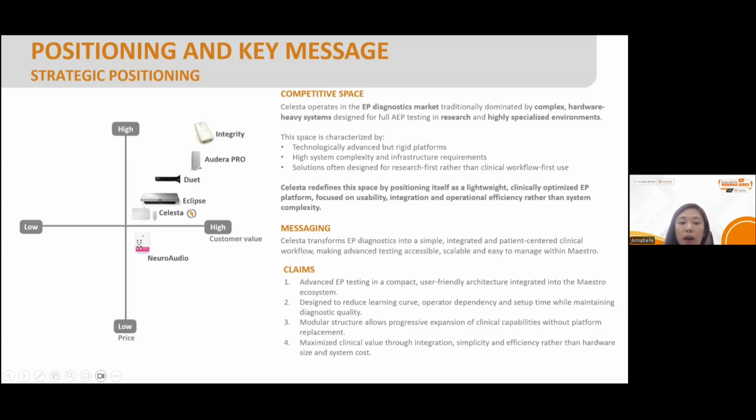Okay, and we want to make sure both the clinician and the patient have the best experience with the Celesta, and then we get accurate results, and then we help the patient with the next step, like whether they go for intervention, which kind of intervention, and then maybe some checkup. Yeah, so this is what the Celesta is designed for.